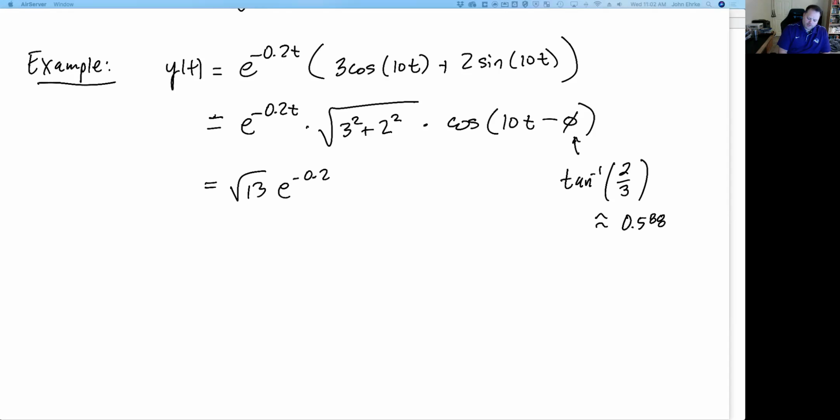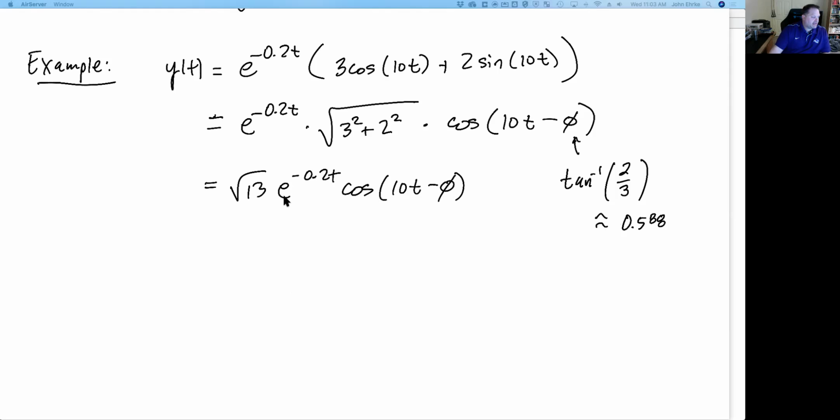E to the minus 0.2t, cosine 10t minus phi. So this is what the solution to this problem looks like. It looks like a wave that has an angular frequency of 10. There's a little bit of a lag. The lag is going to be 0.5 divided by 10. But there's going to be a little bit of a lag.